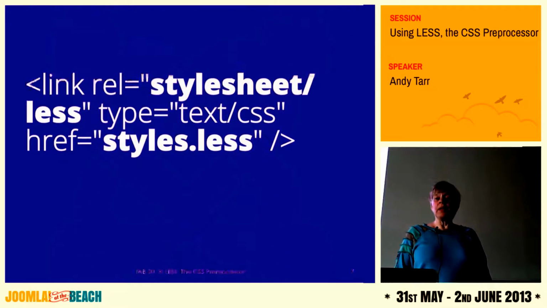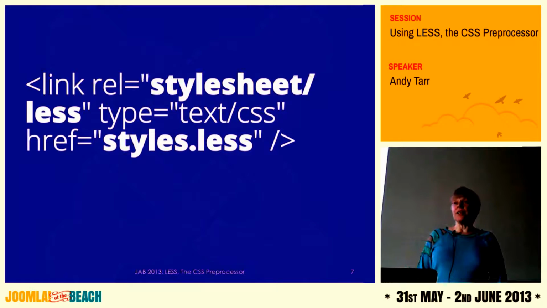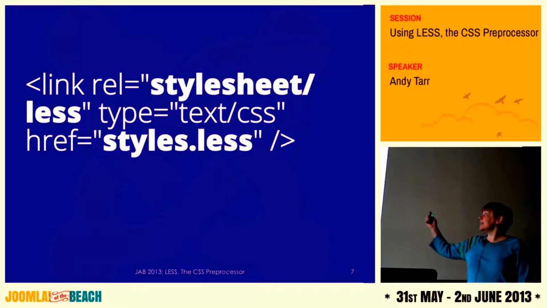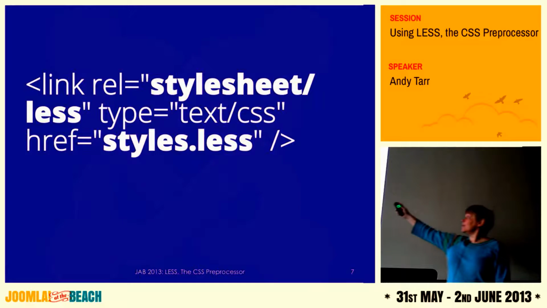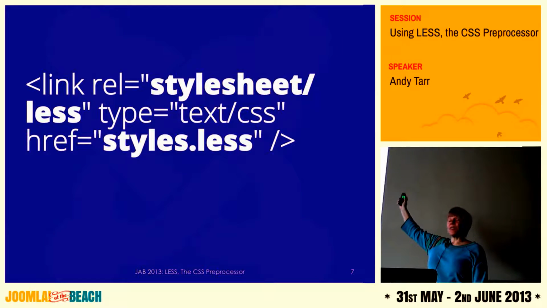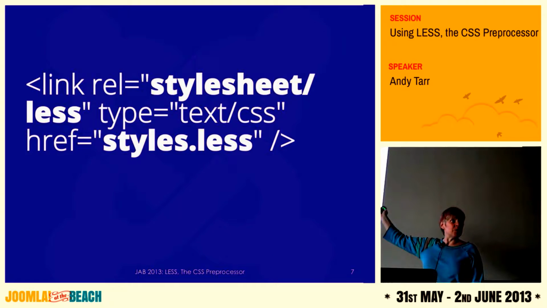So the way that you would do it is in your index.php file, you would add this link to a style sheet, and it's rel="stylesheet/less", where you're used to doing it with stylesheet/css. And then your reference is just to whatever the name of your file is. In this case, it's called styles.less.